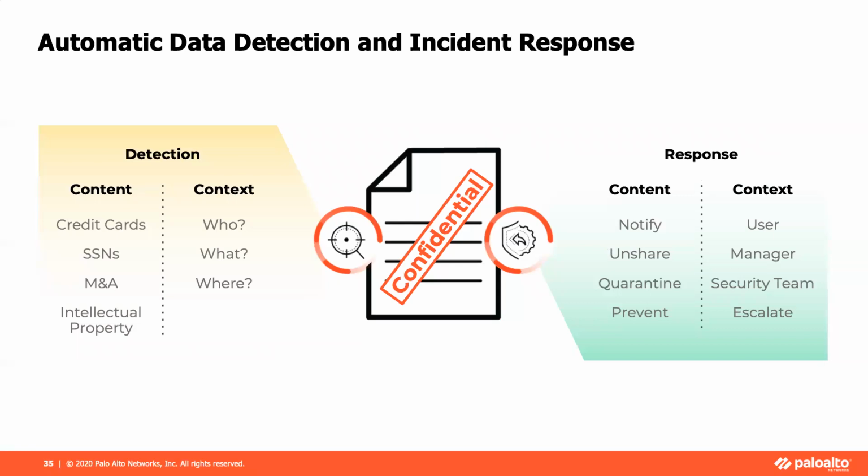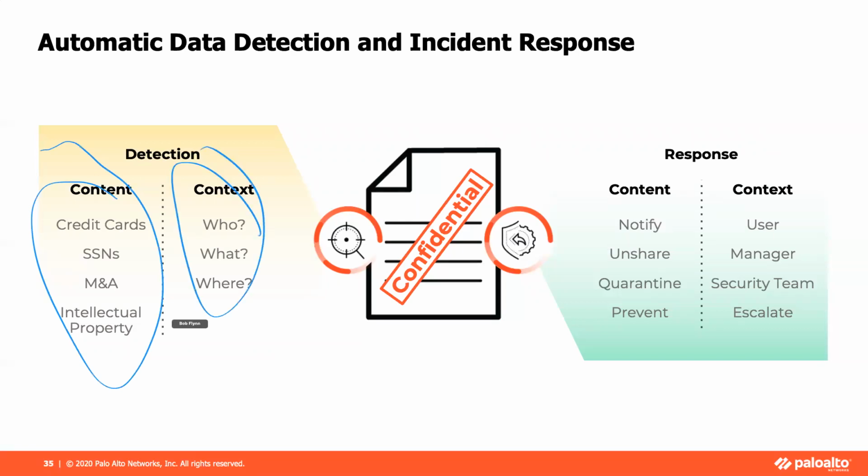This is going to give us the ability to understand what information we're looking at, what sensitive information it is. You know, is it IP, intellectual property, PII, personally identifiable information, credit card information, social security numbers, things like that.